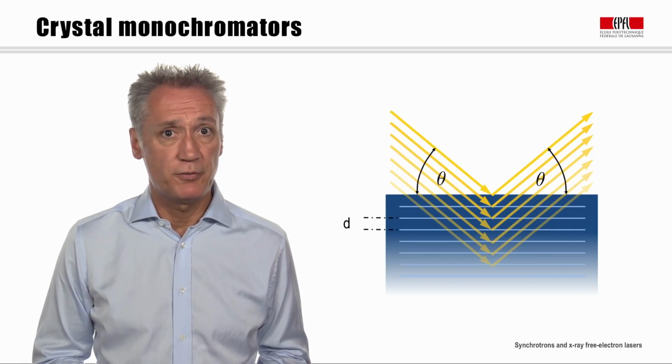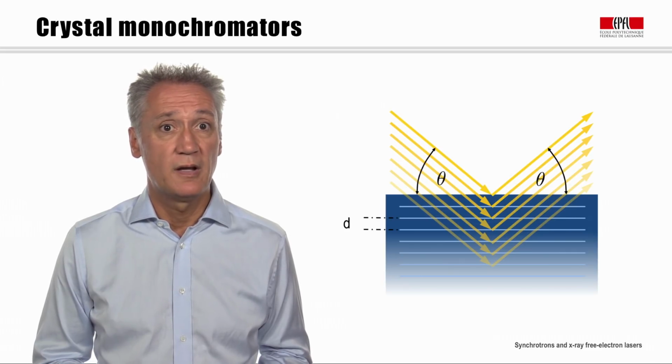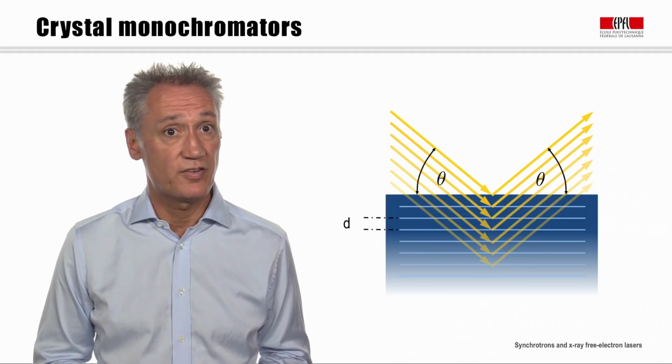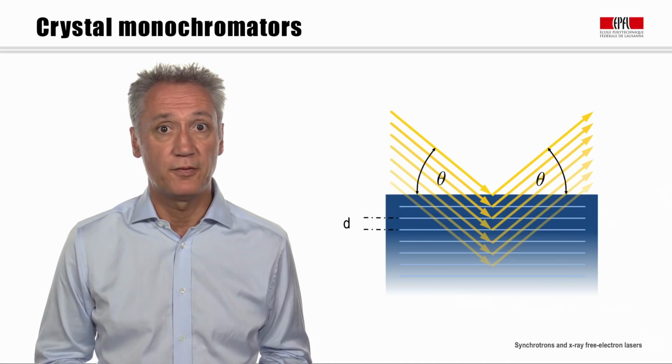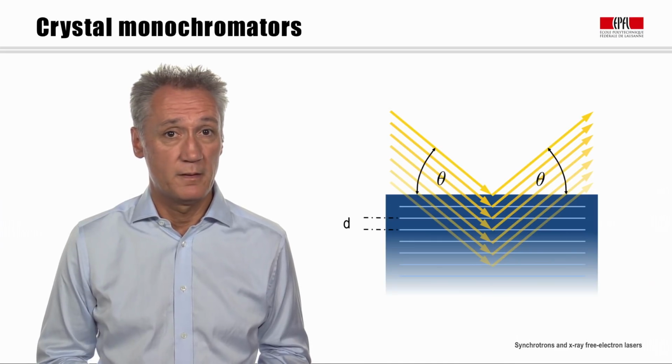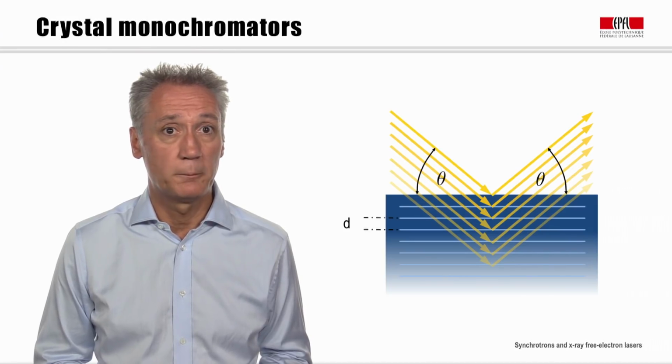Importantly, silicon can be produced as a near-perfect single crystal with linear dimensions up to tens of centimeters, thanks to its ubiquitous use in the semiconductor industry, where large and exceedingly perfect wafers are produced en masse. The most common crystallographic orientation is the 111.